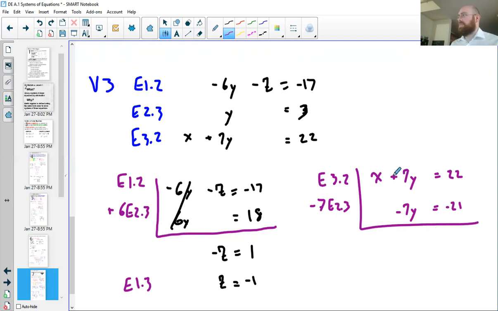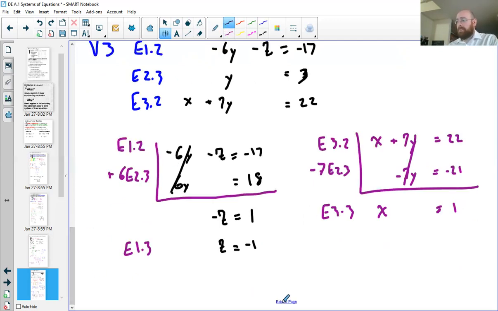And now we add, so we just get x, and 7y and minus 7y cancel out. 22 minus 21 is just positive 1. And so this would be equation 3.3, since this is the third form of our third equation.